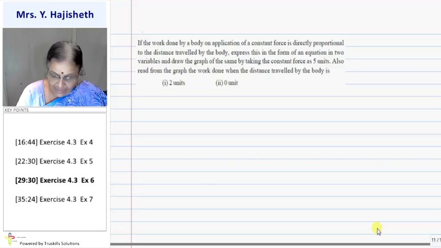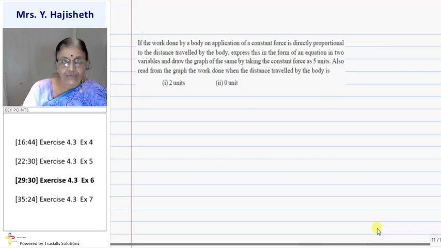And after drawing the graph, read from the graph the work done when the distance travelled by the body is 2 units, and second, when the distance travelled by the body is 0 units. So we should find out the work done when distance is 2 as well as distance is 0.